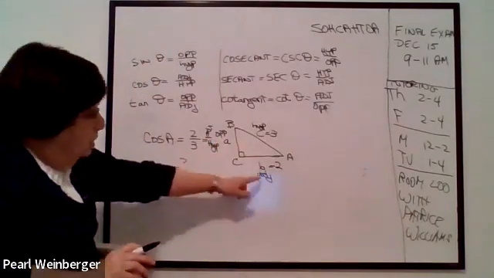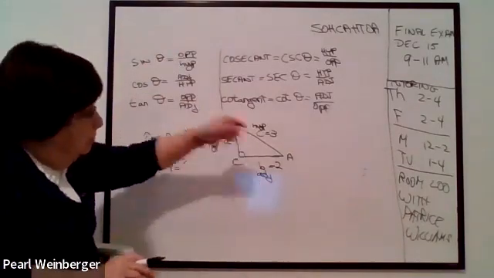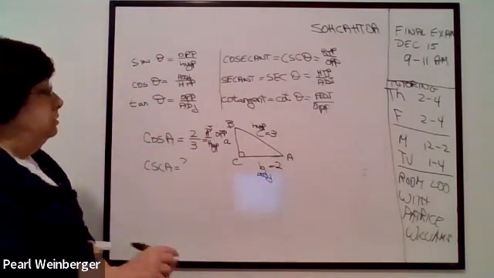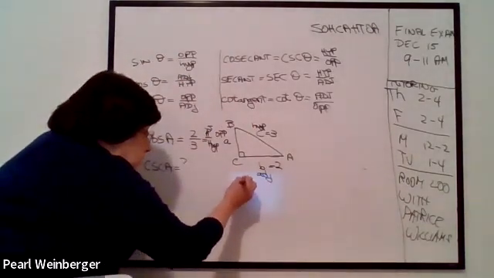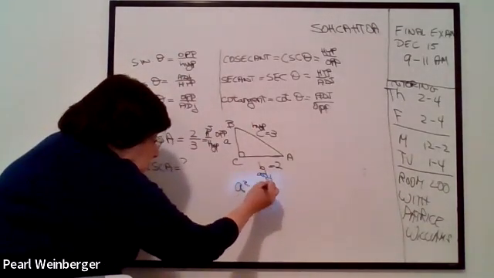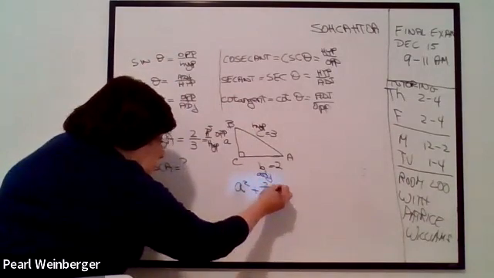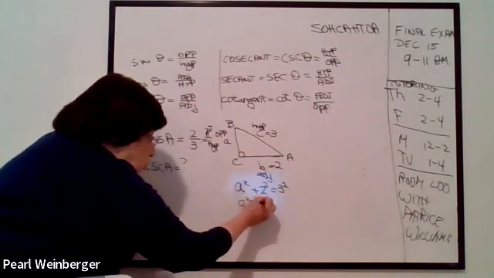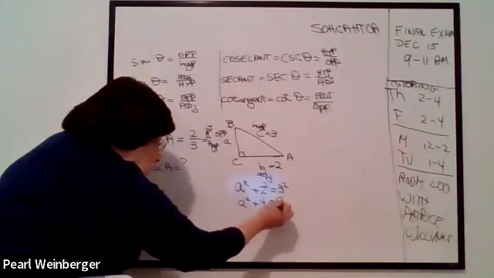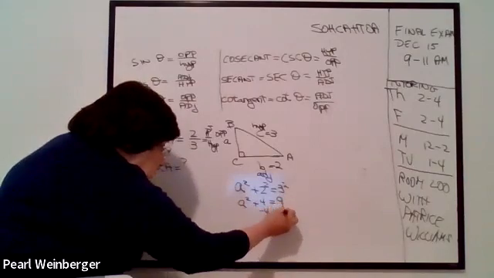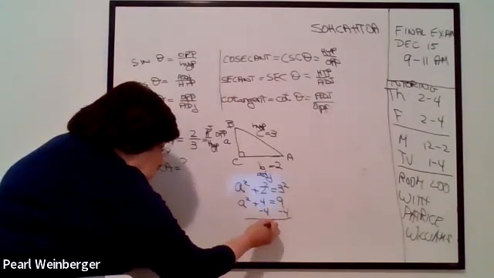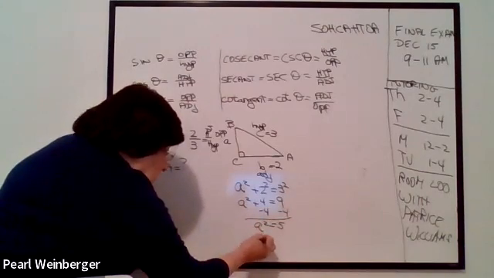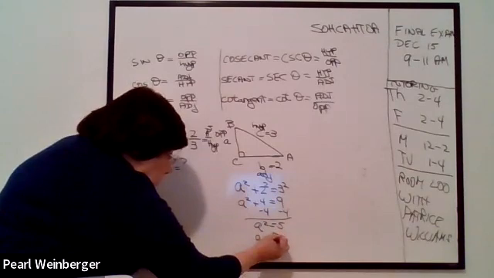So the adjacent side is going to be 2, hypotenuse is going to be 3, which means that I can always figure out the third side by doing a squared plus 2 squared equals 3 squared. So that'll give me a squared plus 4 equals 9, and I'll subtract 4 from both sides. That'll give me a squared equals 5, which means a is the square root of 5.